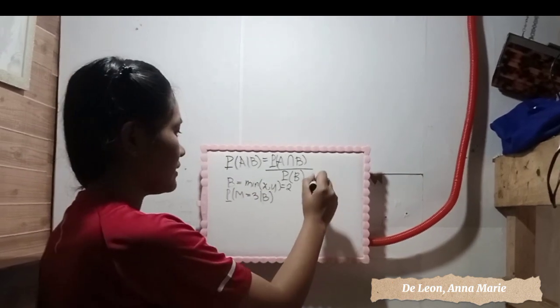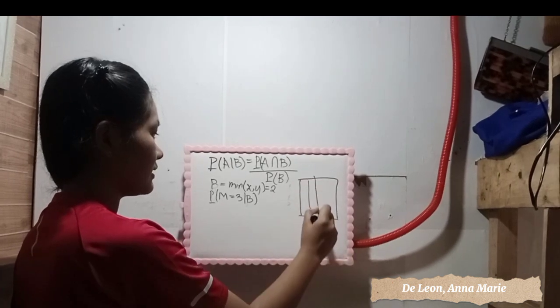So our sample space has 16 possible outcomes.